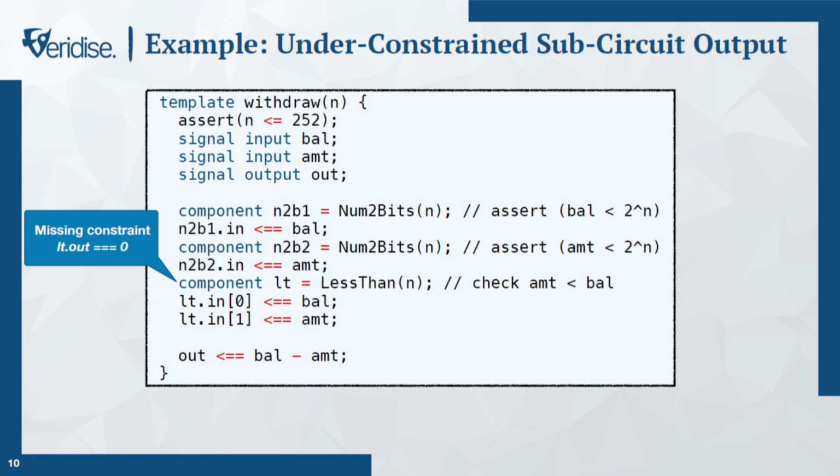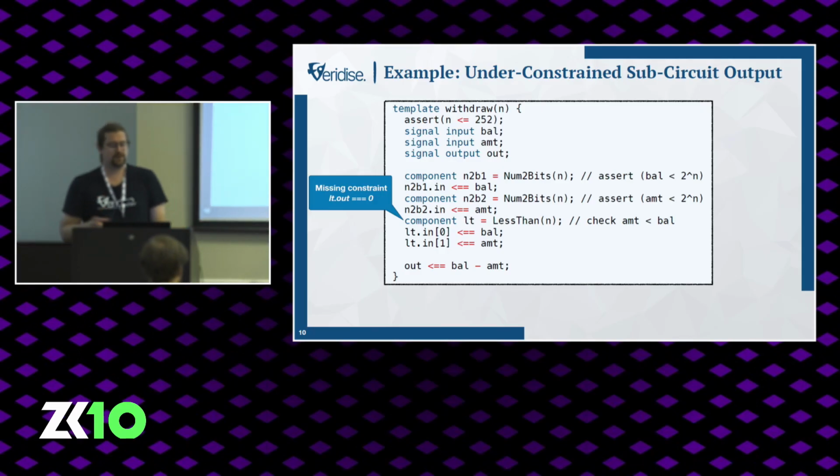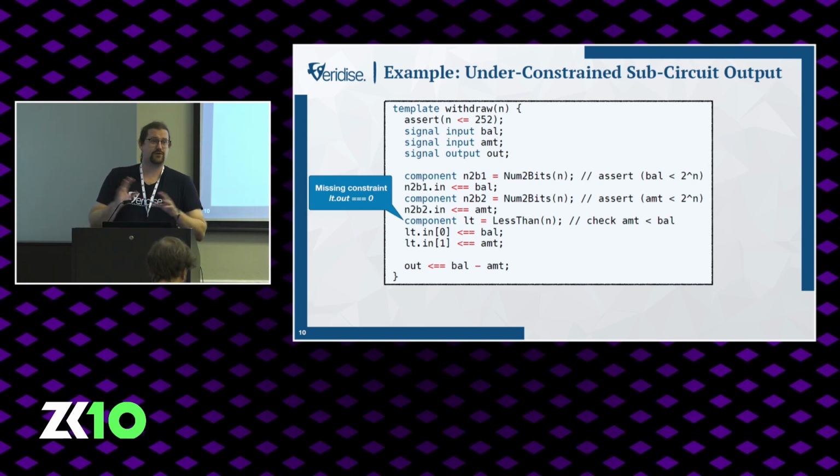Basically, you have a missing constraint. In particular, you're performing this less than comparison. But the important thing is, in circom or similar languages, it doesn't actually assert anything about whether A is less than B. Instead, it requires the user to insert a constraint to say that this relationship is going to hold.